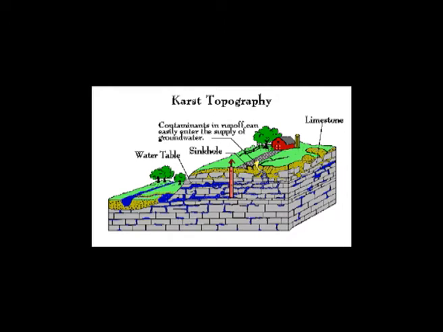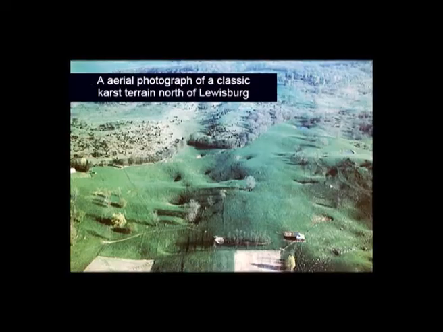You can see the sinkholes and so many other things. So, the entire thing you can call karst topography. This is also an aerial view of karst topography. Here you can see so many sinkholes, so many depressions. This entire area changes into a particular topography, and that topography is referred to as karst.